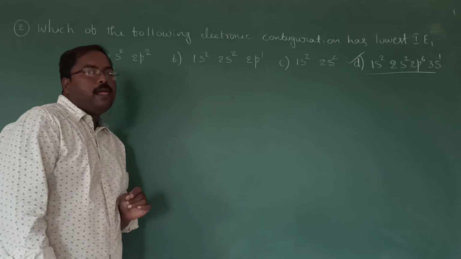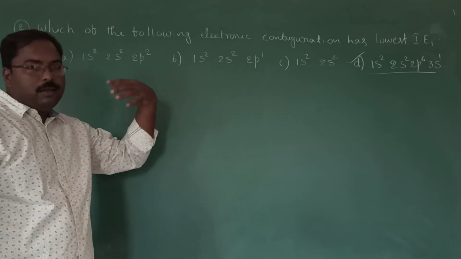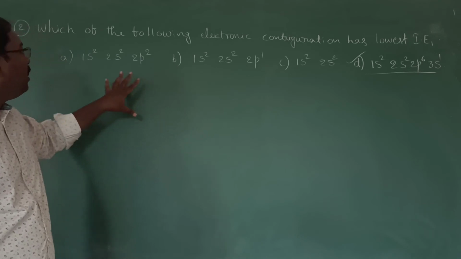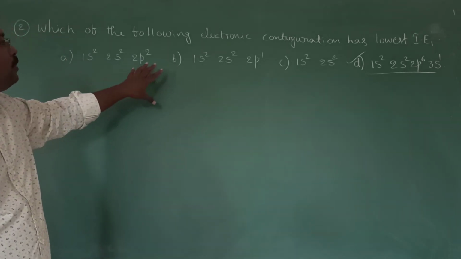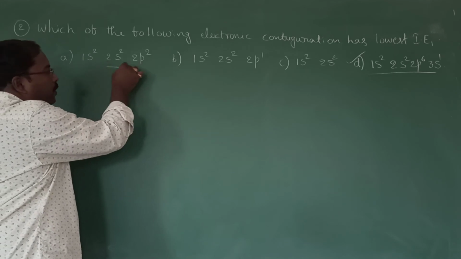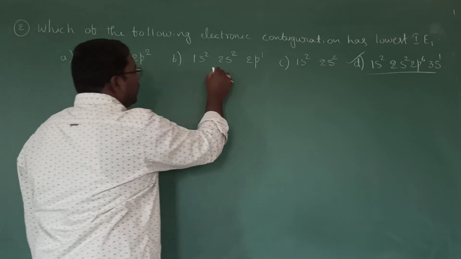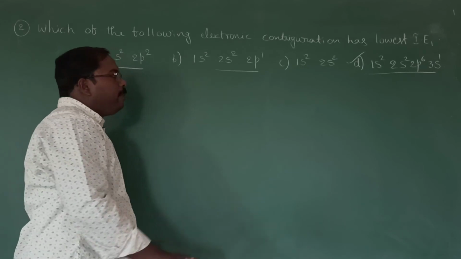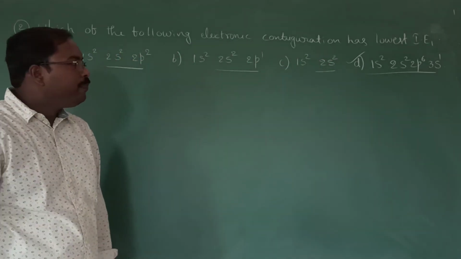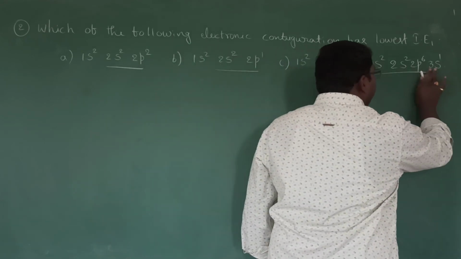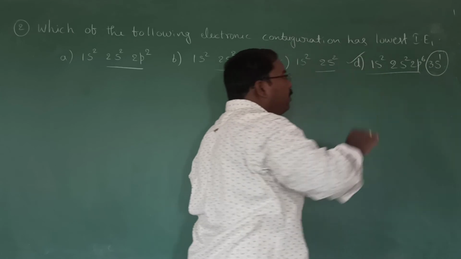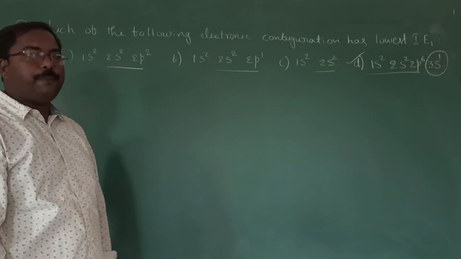Okay, did you choose the same option or a different option? Once observe this. If you observe all these configurations, we are going to remove the electron from the second orbit. In this case also, the second orbit. Same situation in the case of option C. But coming to option 4, we are going to remove the electron from the third orbit.